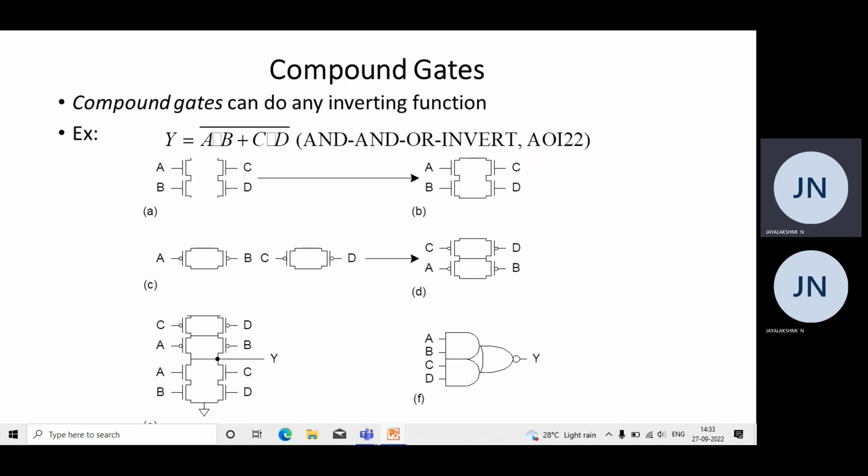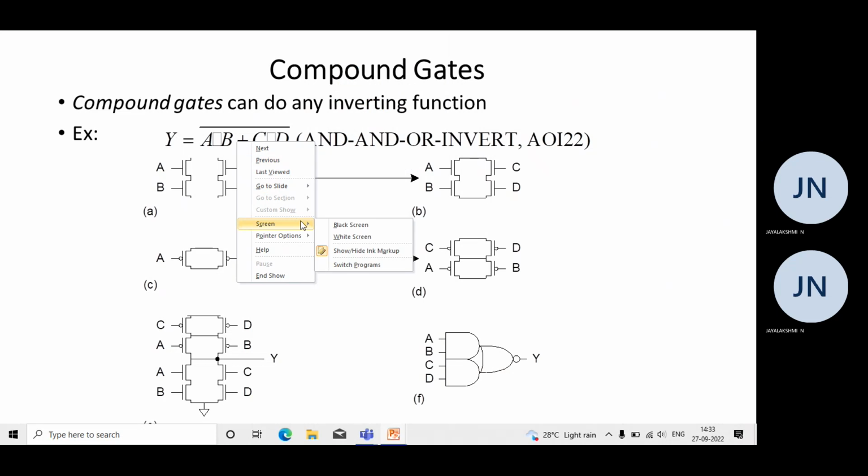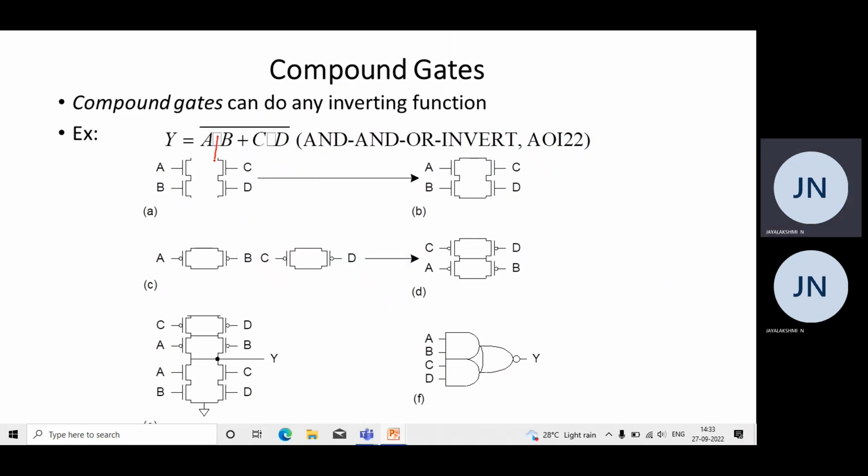This one we can also call AOI22, because first it performs an AND operation, then an OR operation, and next an invert operation.